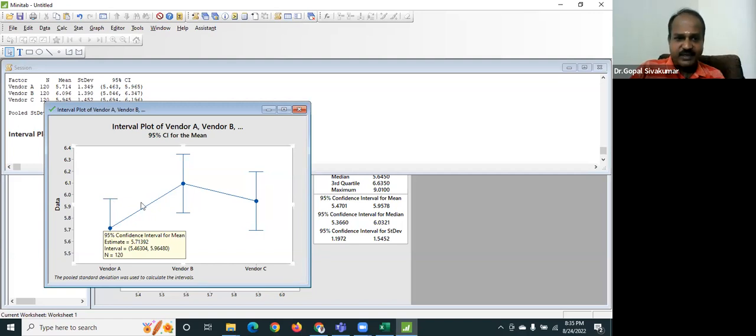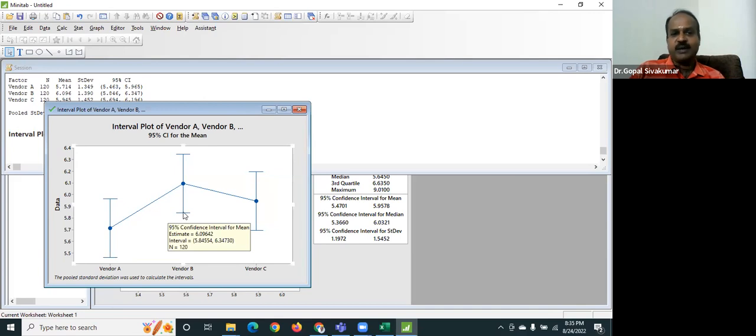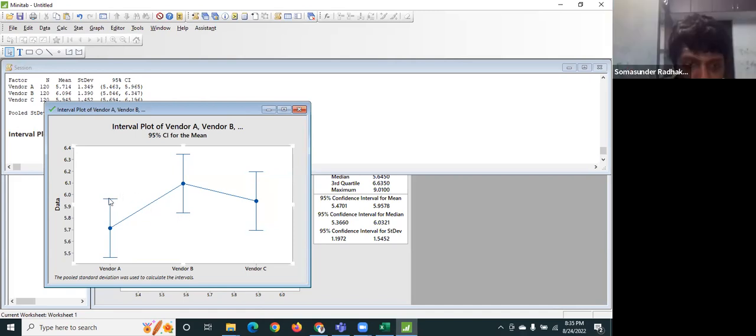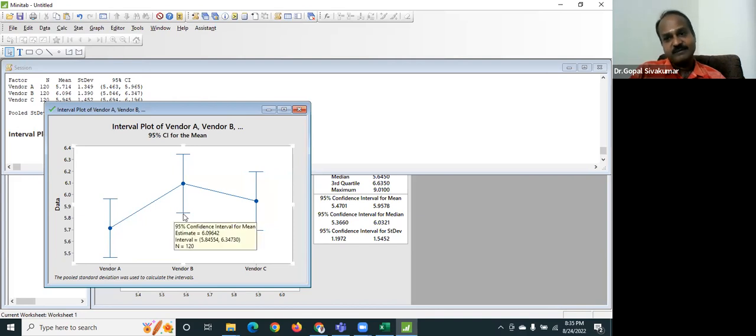At the same instant, B can be at 5.8. Now suppose A is 5.9 and B is 5.8. Who is better? They are the same. The overall conclusion is the same. But in this situation, when A is here and B is here, B seems to be better.